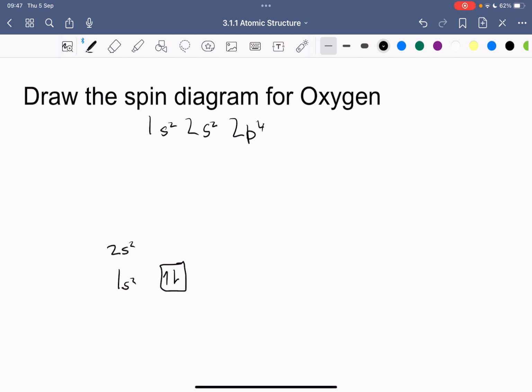Then 2s2, so that has another pair of electrons. And then 2p4 has 4 electrons. Now we have 3 orbitals, and so here we fill up each one individually first. So 1, 2, 3. And now I can start to fill up this one. 4. And this is the spin diagram for oxygen.